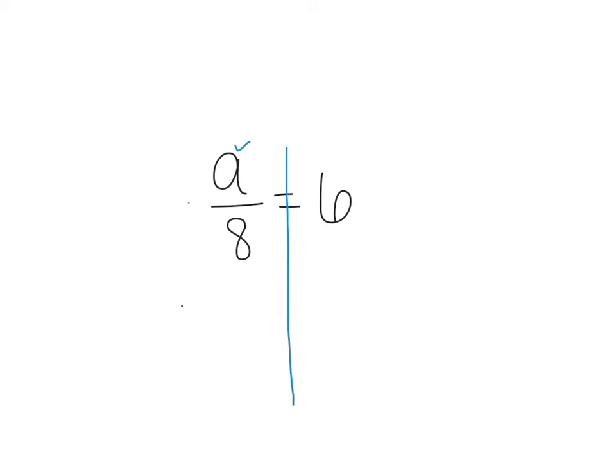To do that, I multiply both sides by 8. If I had 8 divided by 8, that would leave me with just a on the left side, which would equal 48. So I get a equals 48.